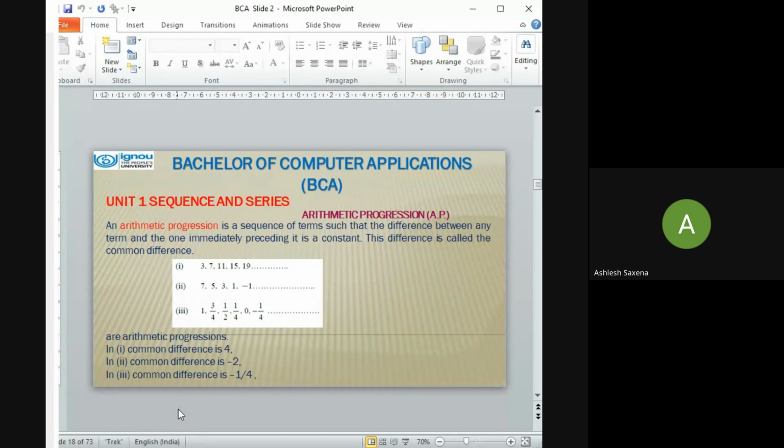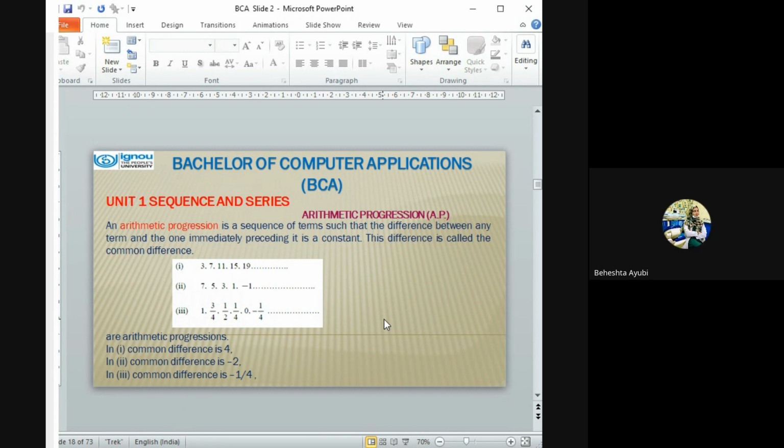Now tell me, what is the difference between the second term and the first term in this problem? 4. Third term minus second term.